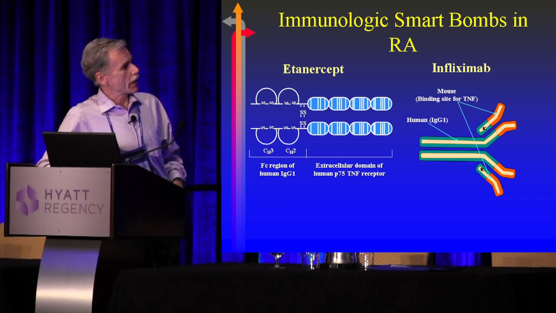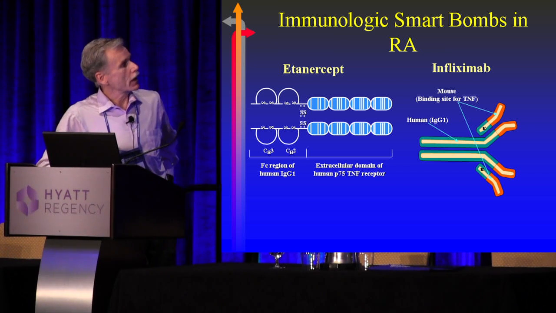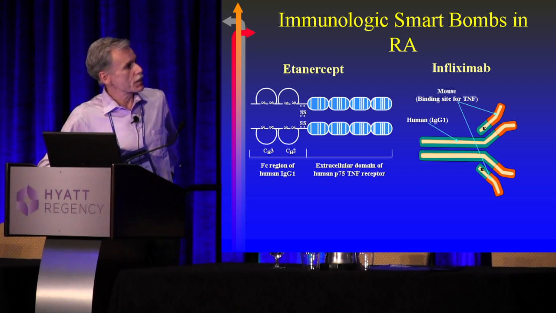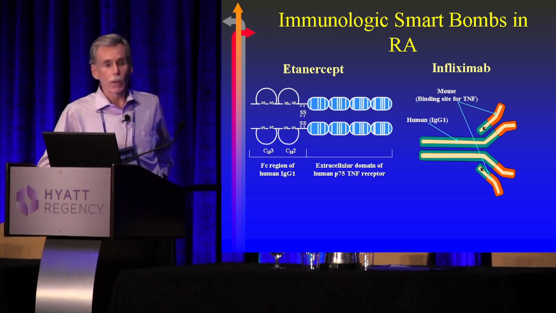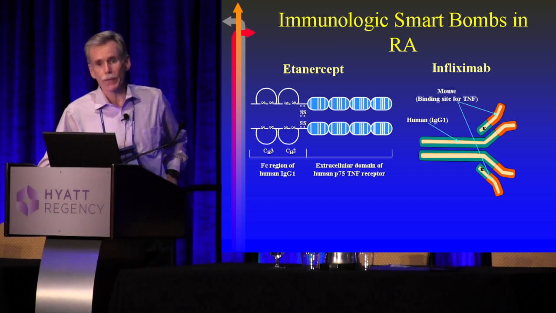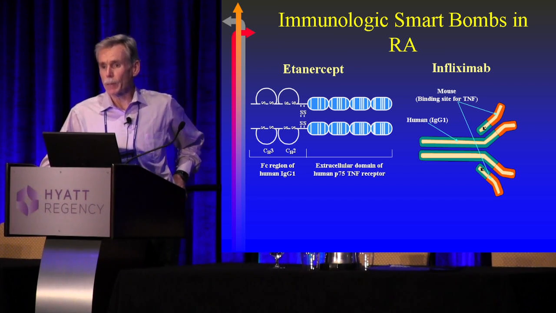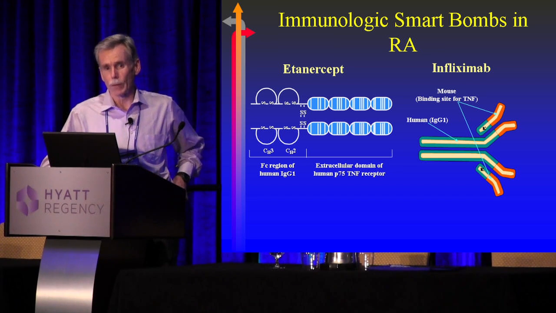And over the course of the last 15 years now, we've developed the capacity to take out TNF-alpha, that central signaling part of rheumatoid arthritis that leads to disease like that which deformed and disabled Auguste Renoir. And this is an example of two of the available medicines that can do that. And they are essentially specific types of synthetic antibodies. So we can now manufacture antibodies that are directed against specific targets in the immune system. These are immunologic smart bombs, if you will.